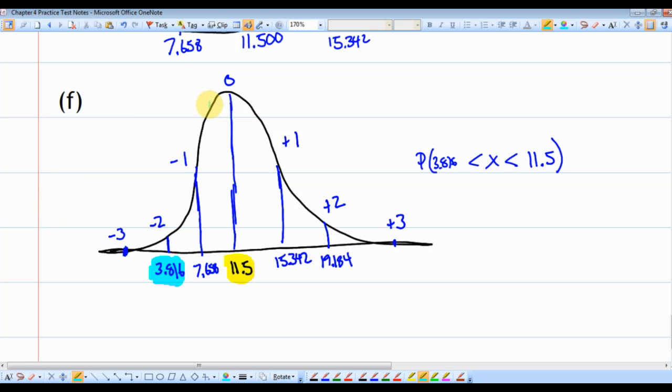Okay? So the first thing we need to do is let's remember that the area to the left of a z-score of 0, that area is 0.5. That's one of the ones you're supposed to memorize.